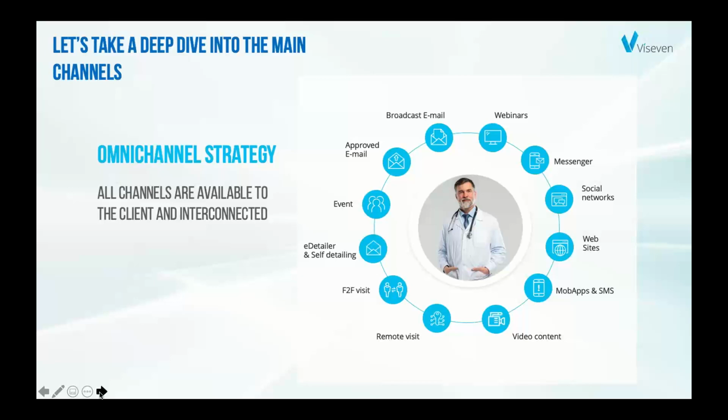We have one system, one tool, one entry point. At this point, we can manage and orchestrate all of the channels, and it gives us the ability to deliver seamless content, aligned with our strategy, to our user.